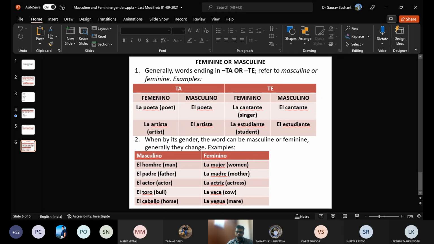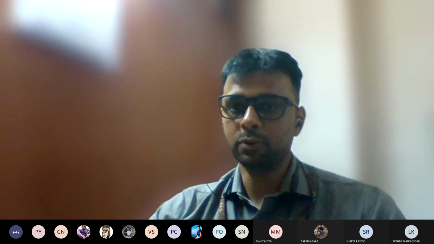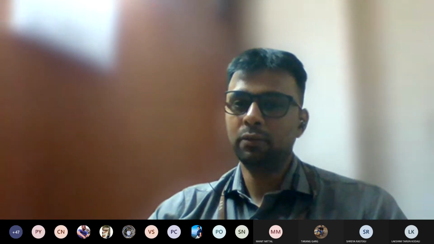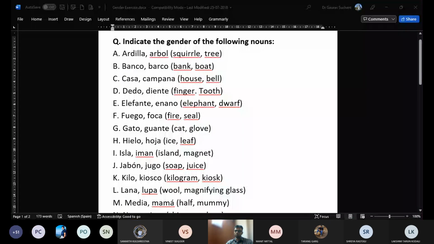So based on this, I'm giving you this exercise, which all of you should do right now, and then I will discuss it after you complete this exercise. In the exercise, you have to apply the rules which I have just shown you. There is a list of nouns which will be shown to you, and you have to identify whether they are masculine or feminine.